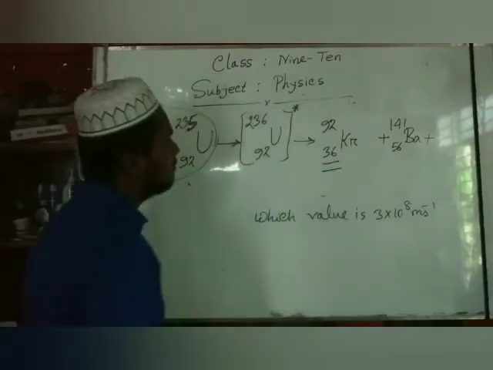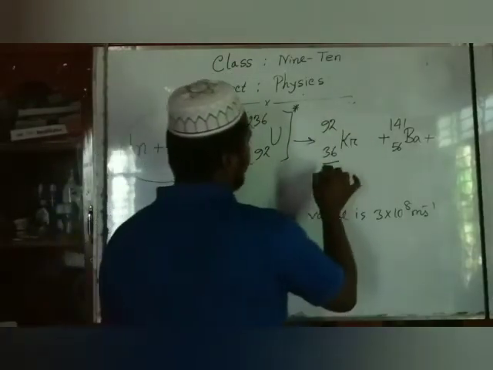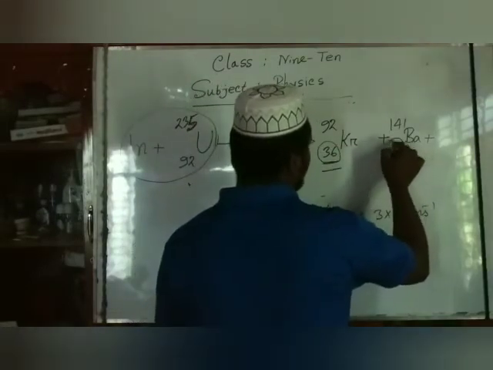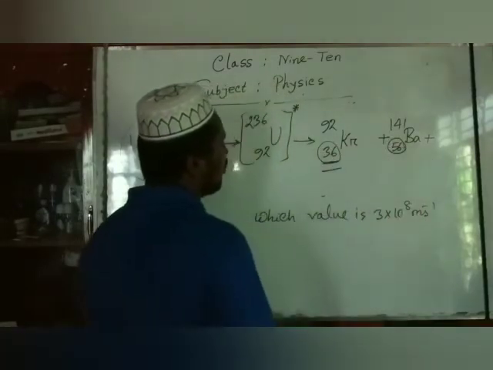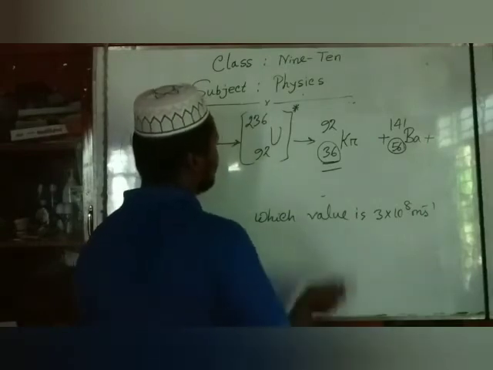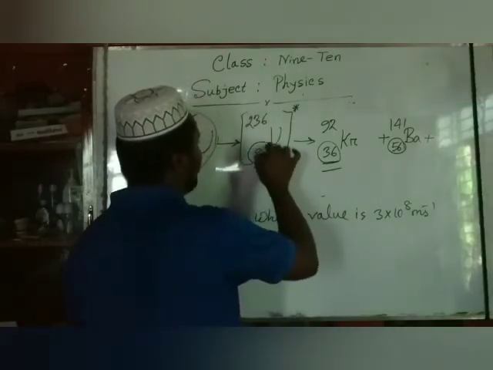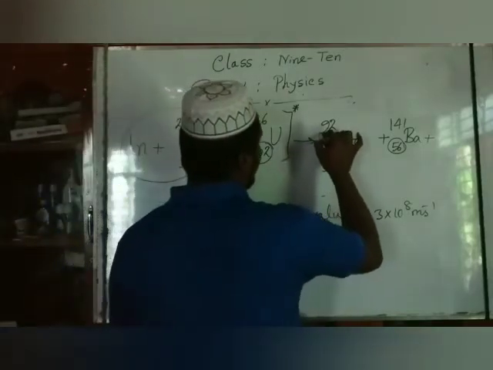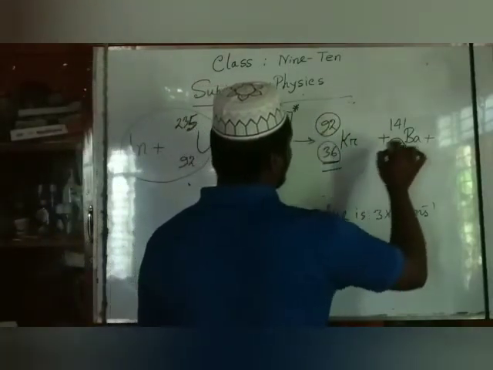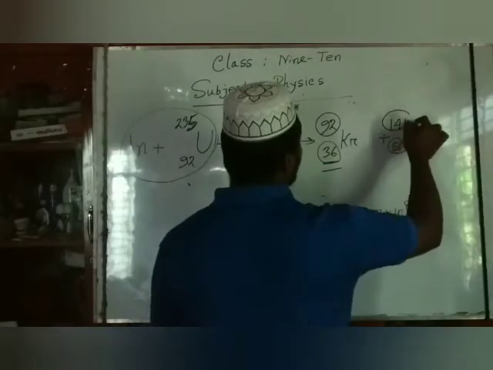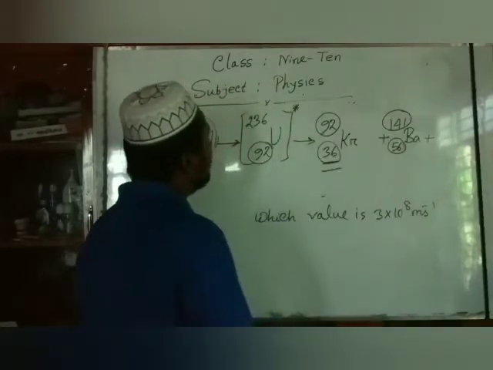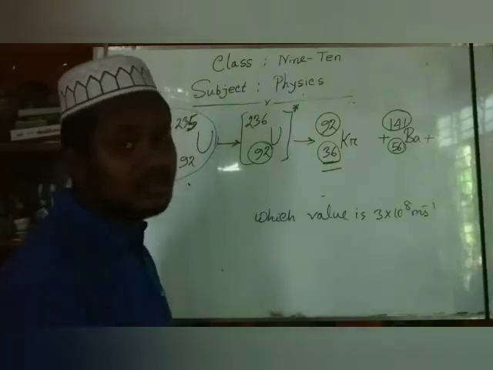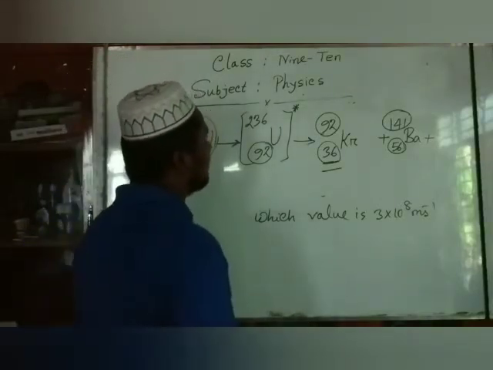Students, please remember that when we add the atomic numbers 36 and 56, we get the atomic number of uranium, 92. But when we add the atomic mass numbers 92 and 141, we see that the atomic mass number is lacking by 3.